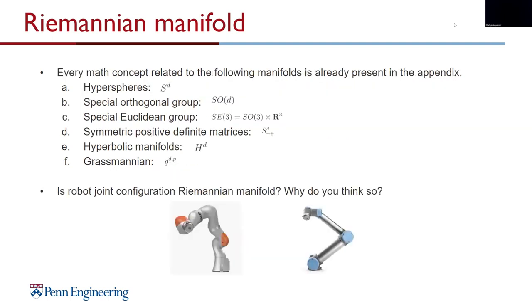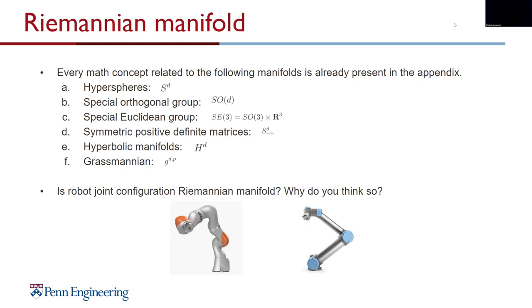So a lot of concepts are Riemannian. These are the famous Riemannian manifolds: hyperspheres, the special orthogonal group for rotation, the special Euclidean group for rotation and translation, symmetric positive definite matrices, almost all covariance matrices, since every covariance matrix is a symmetric positive definite matrix.